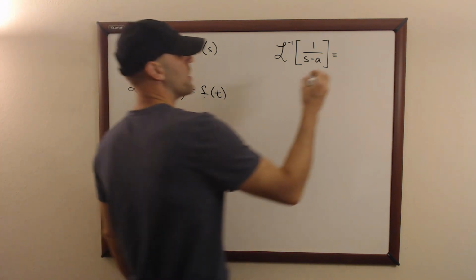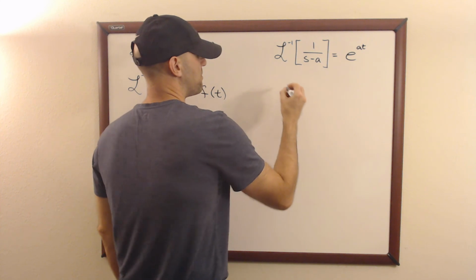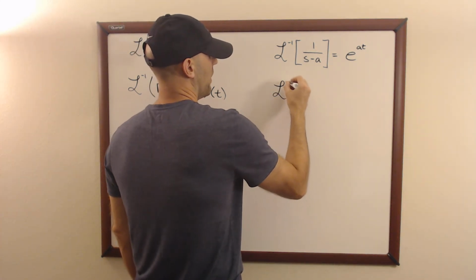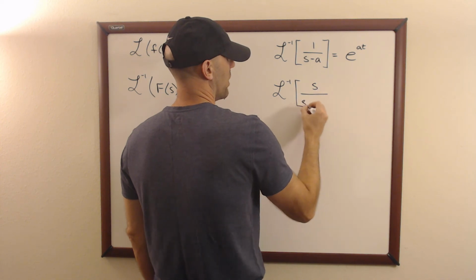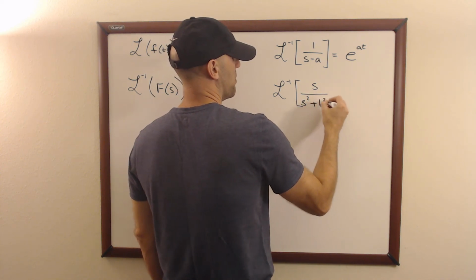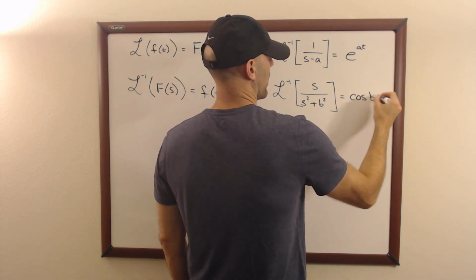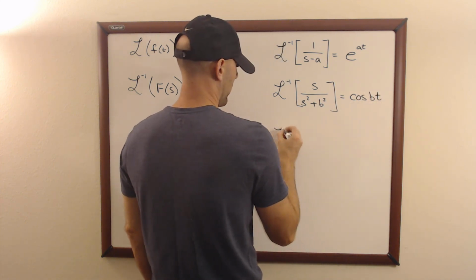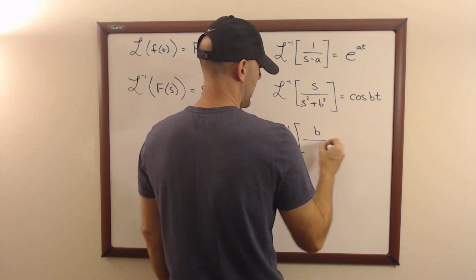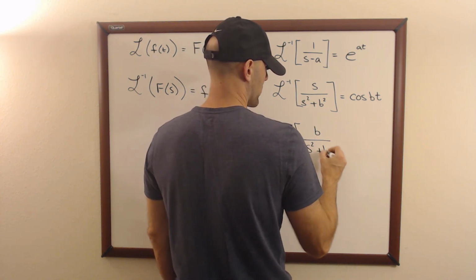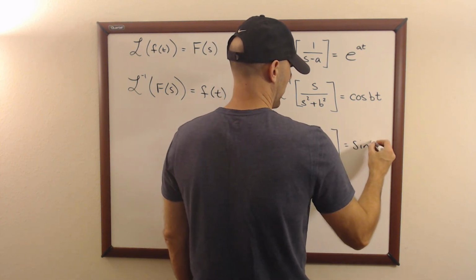Well, that was e to the at. And the inverse Laplace transform of s over s squared plus b squared is cosine bt. And the inverse Laplace transform of b over s squared plus b squared is sine bt.